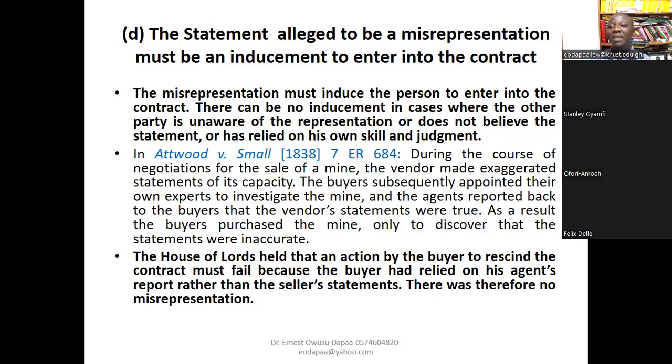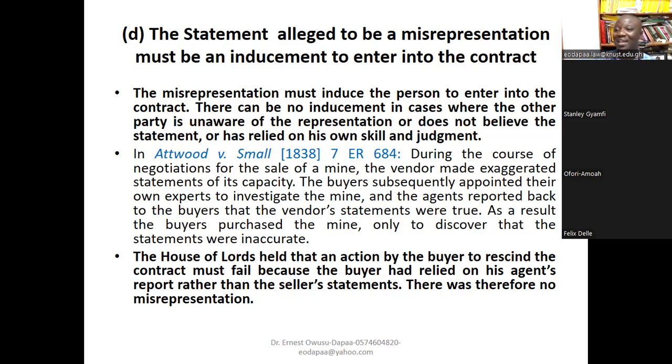Or if you don't believe in that statement of fact, then what it means is that you have not been influenced by it. And for that matter, even if there's evidence later on that it is false, you cannot complain of misrepresentation. As happened in the case of Atwood against Small, where in the course of negotiation for the sale of a mine, the vendor or the seller made exaggerated statements regarding the capacity of the mine. And the buyers did not stop at that.